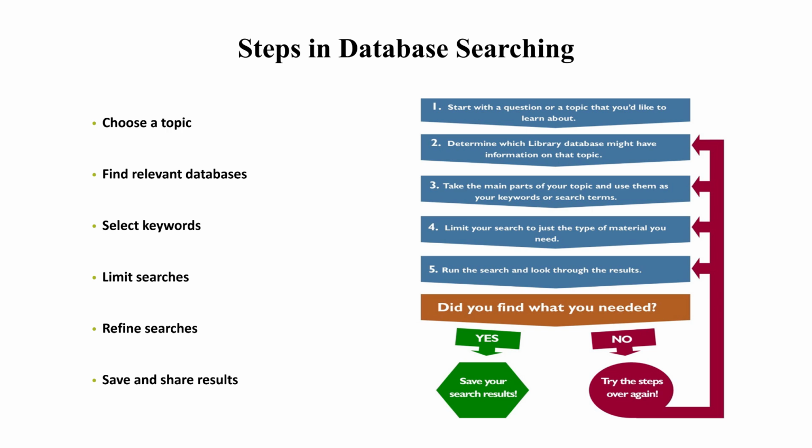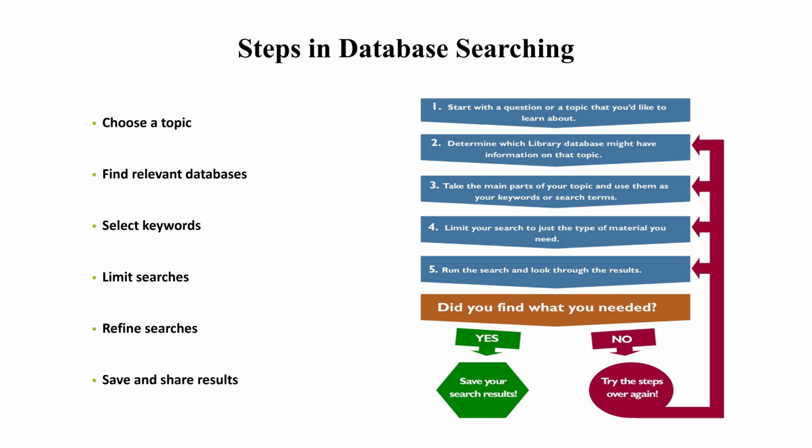But the only thing is that here there are two paths, one is yes and one is no. If a database doesn't give you the relevant result, or the result that you are asking for, then you have to again try to find a database with your search query.